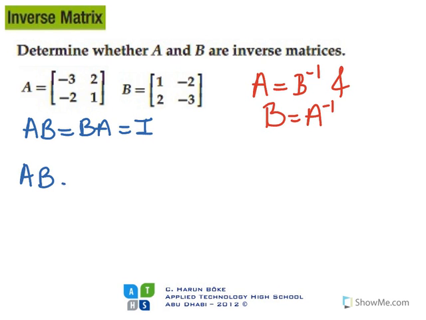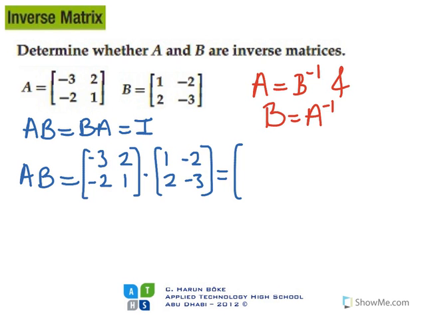For AB, let's substitute the matrices. So it will be minus 3 times 1 is minus 3, plus 2 times 2 is 4; minus 3 times minus 2 is 6, 2 times minus 3 is minus 6; minus 2 times 1 is minus 2, plus 1 times 2 is 2; and minus 2 times minus 2 is 4, plus 1 times minus 3 is minus 3.